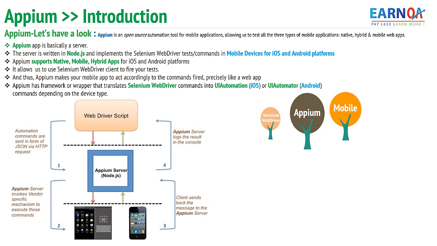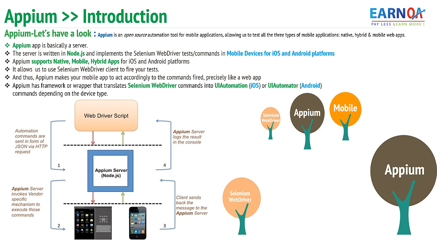The basic functionality of Appium is that it reads your scripts, creates a session, converts them into the mobile platform-specific framework, executes them, receives the mobile responses back, and returns them to Selenium WebDriver. That's the relationship between Selenium WebDriver and Appium.